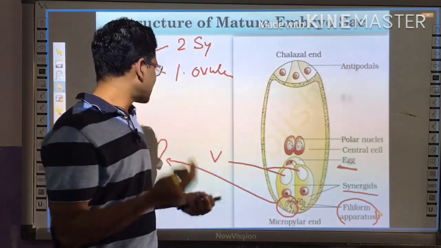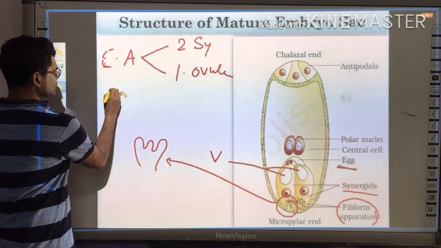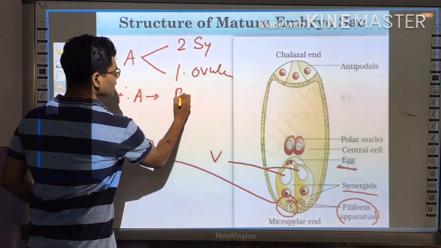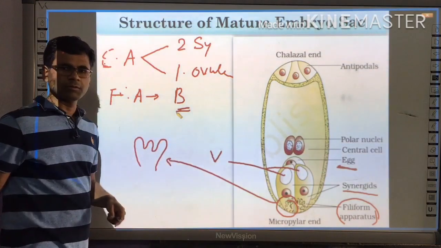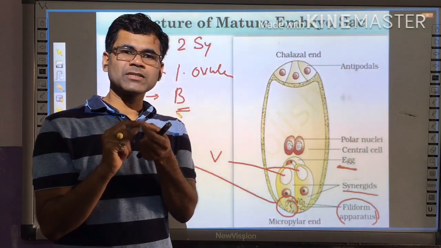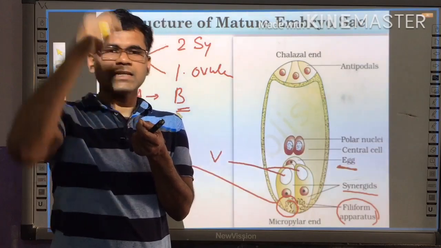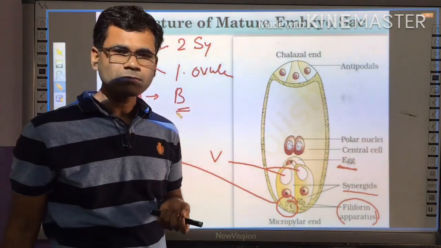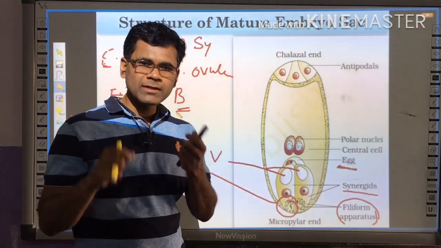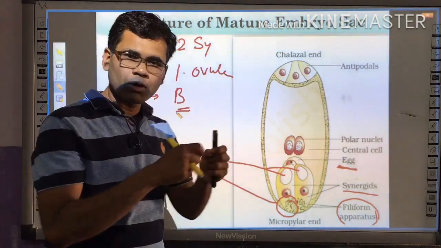The filiform apparatus secretes some boron-related compound, and this boron-related compound is responsible for chemical attraction and formation of the pollen tube. During the practical of pollen grain extension, we actually use boron components for pollen grain formation.